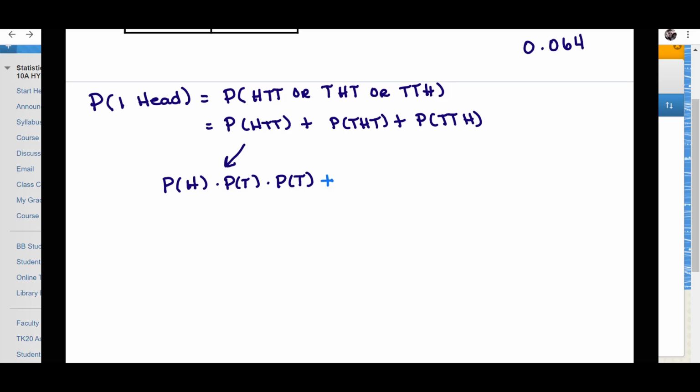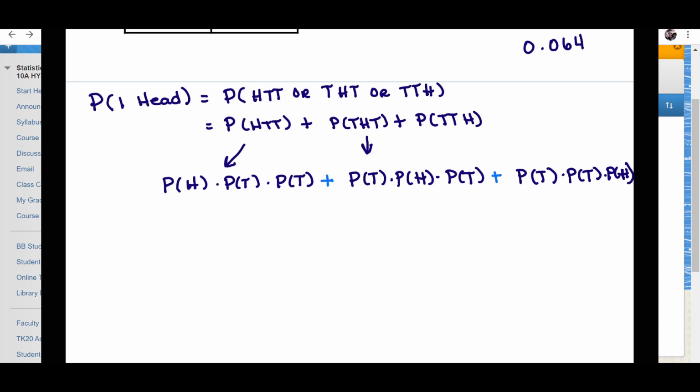And then for the next one, probability of tails, heads, tails, we find the probability of tails, the probability of heads, probability of tails, and we multiply those together. And then for the probability of tails, tails, heads, we find the probability of tails, the probability of tails, probability of heads, and we multiply those together.